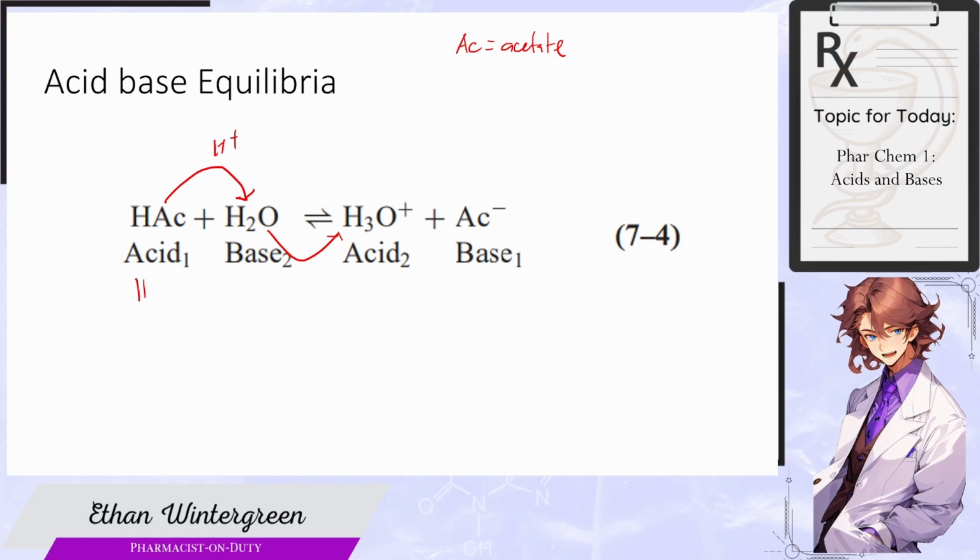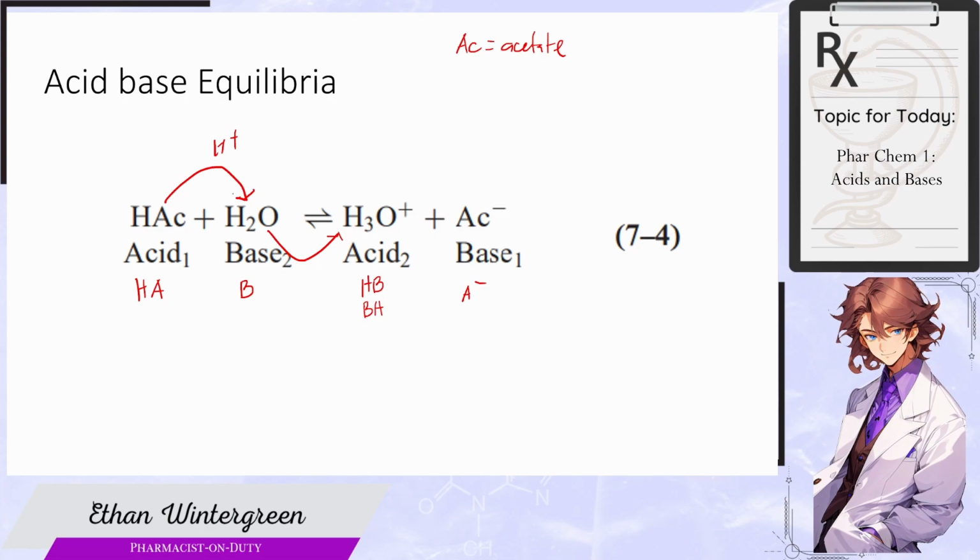So our acid, HA, our base, B, our acid, which is our HB, this is your conjugate acid, or BH. And this is your conjugate base. Okay, please take a look at how acetic acid acted here.